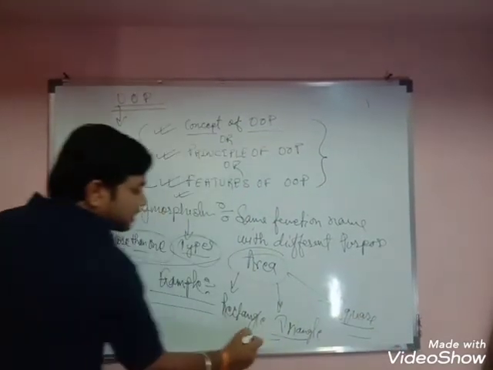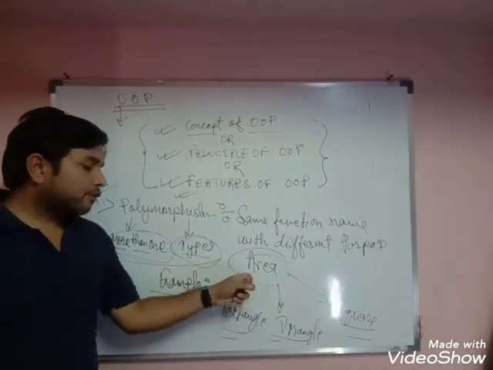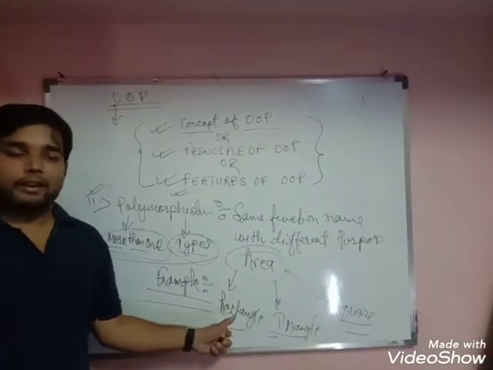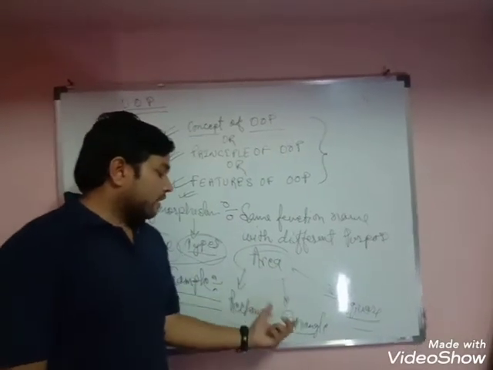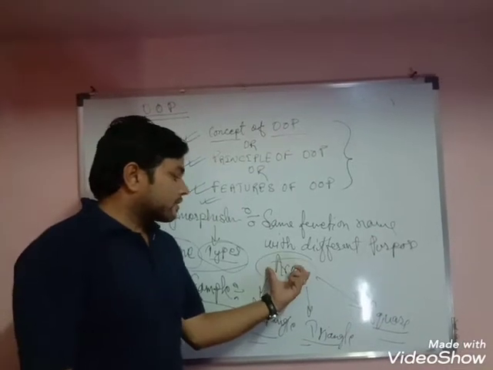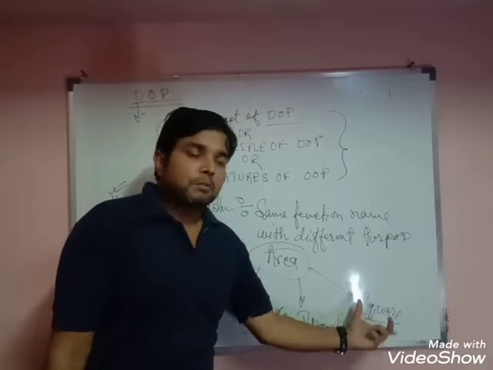You just have to change the formulas. To find the area of a rectangle, you write the same name, area, and change the formula to that of the rectangle. Then you write the function name area and the formula of the triangle. Then you write the function name area and the formula of the square.